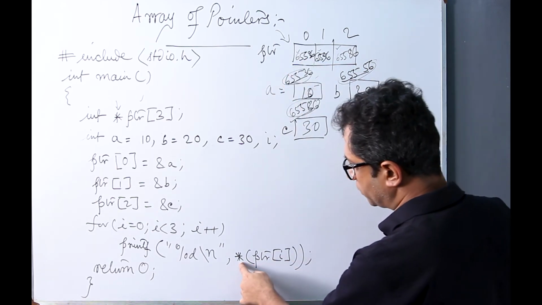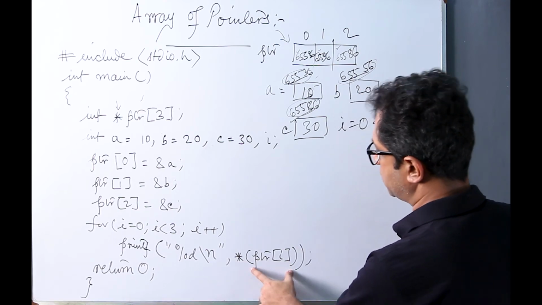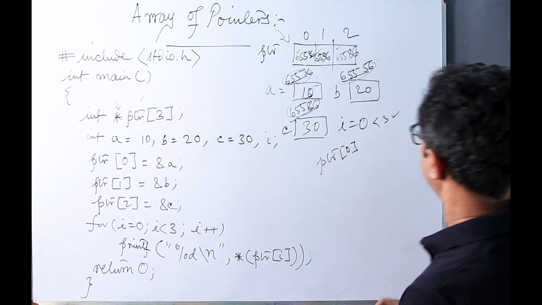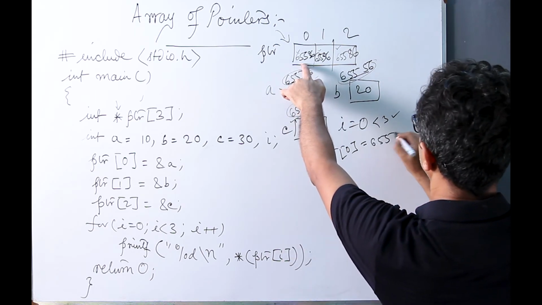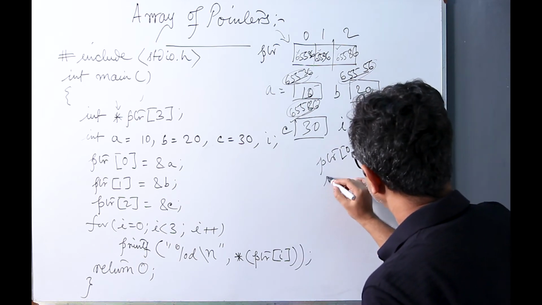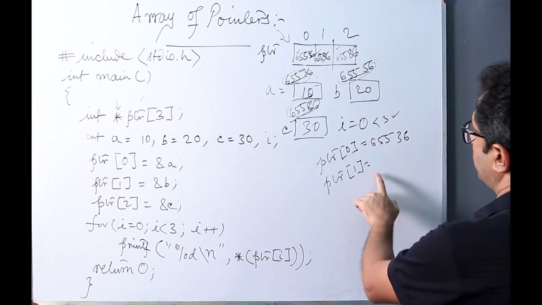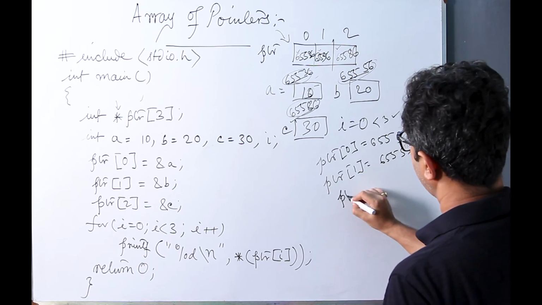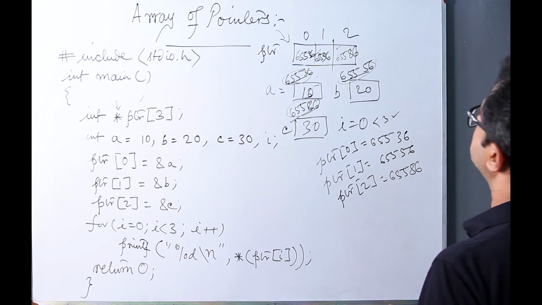And what I have written over here is that a star preceding this expression PTRI means, what is PTRI? If I were 0, PTR0 would have been 65536. If I was 1, then PTR1 would have been 65556. PTR2 would have been 65586.